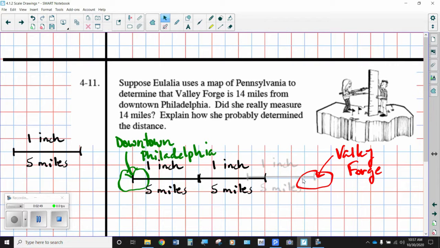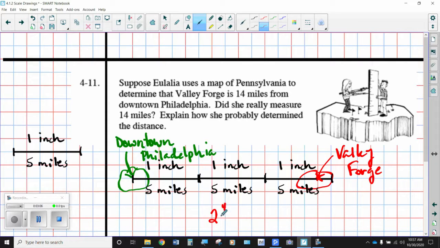And it's not quite 3 inches away, right? 3 inches would be a total of 15 miles away. So it appears as if right here, X marks the spot, that's where Valley Forge is. It looks like it's 2 4/5 inches away on the map, and that would be equivalent to 14 miles in real life.